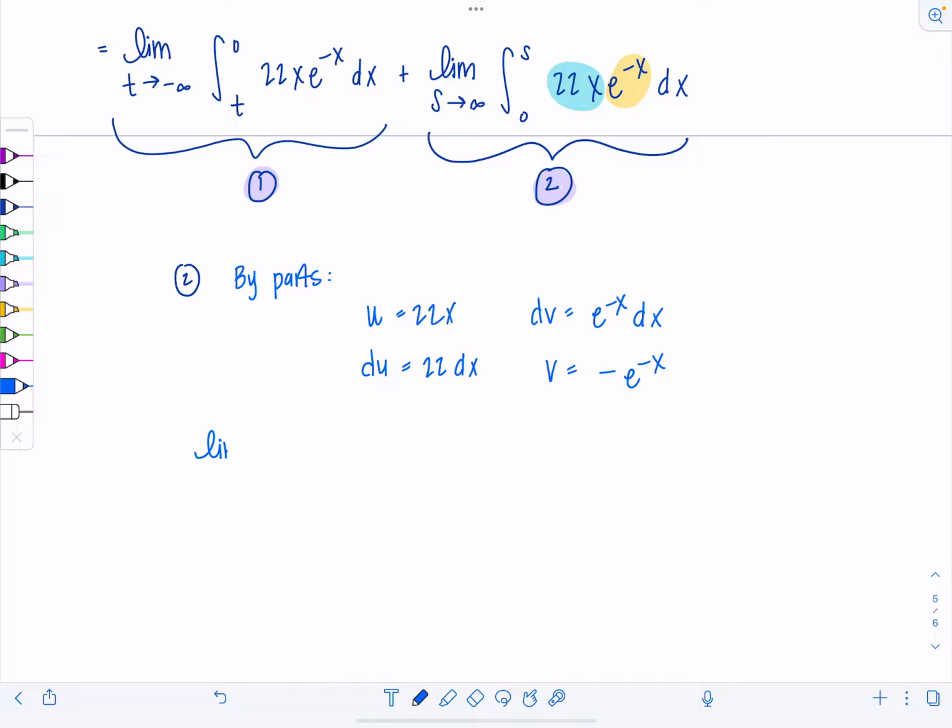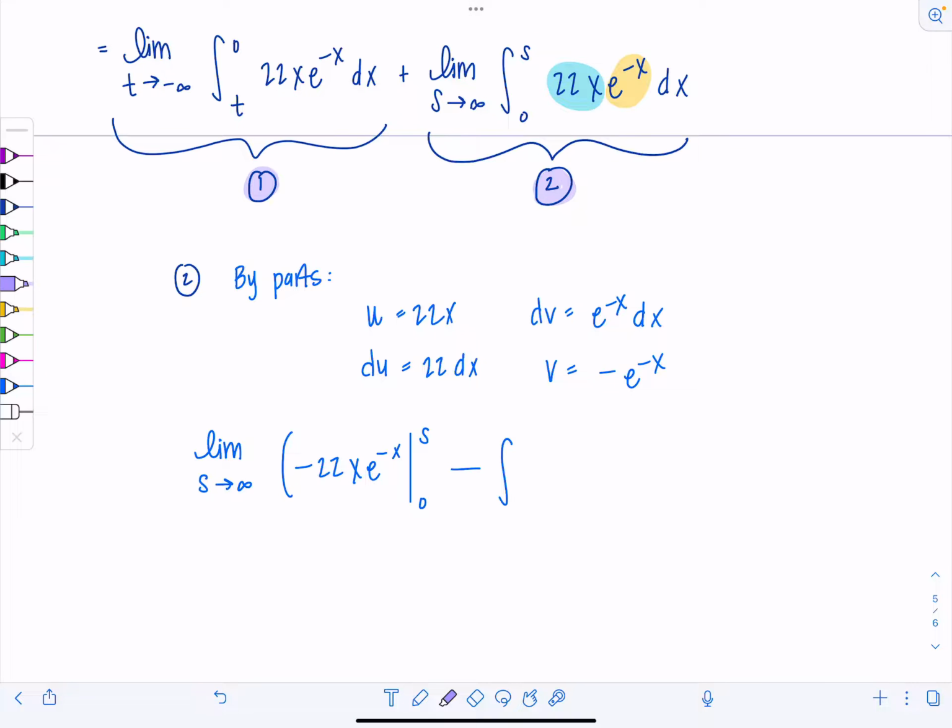Now we've got the limit as s goes to positive infinity of uv, so that's going to be negative 22x e to the negative x, evaluated from 0 to s, minus the integral of v du.